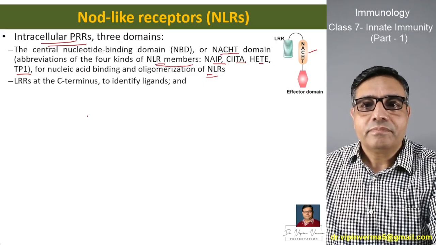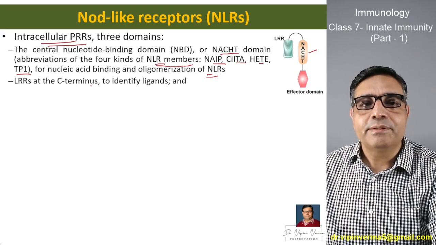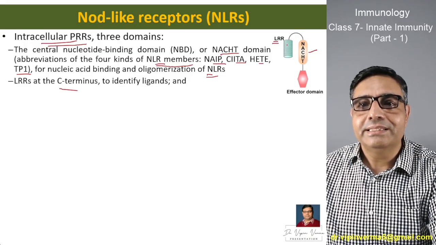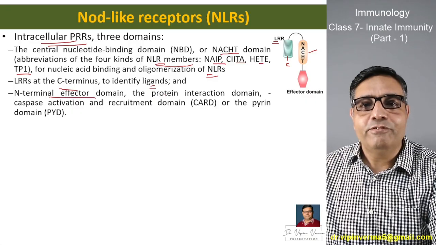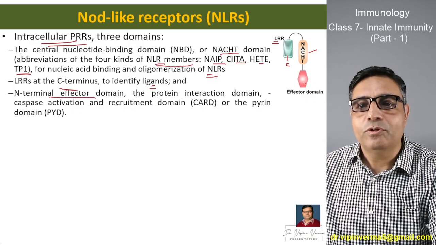Then we have LRRs at the C terminal, to identify ligands, and the N-terminal effector domain.